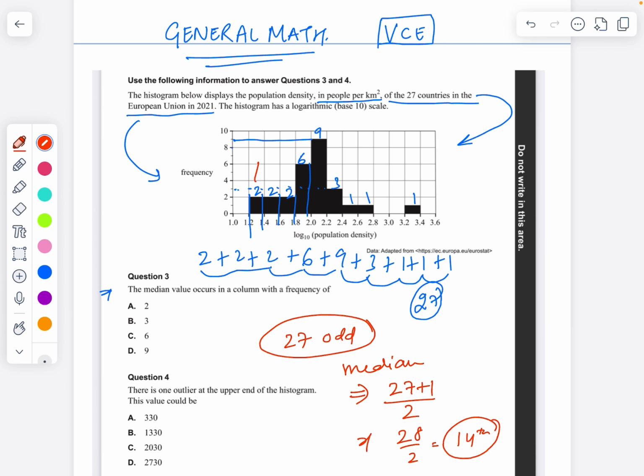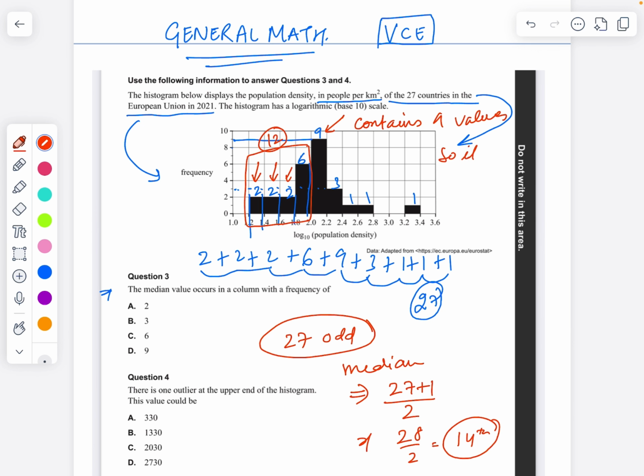The first column has two values, two values, two values. Till here we have only 6 values. Then another 6 values are in the fourth column. So till here, 6 plus 6, 12 values are consumed. You want the 14th value, so it would definitely lie in the next column, because it contains 9 values.